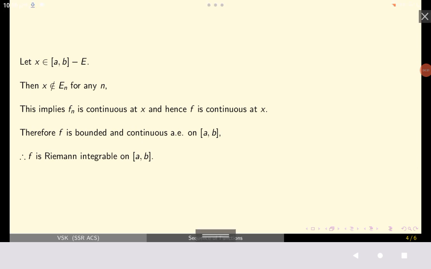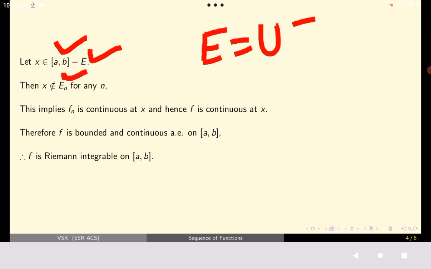Now let us take x to be any point which lies in [a, b] but not in E. Then x does not belong to En because E is nothing but the union of all En. If x does not belong to E, it implies that x does not belong to En for any n. This implies Fn is continuous at x.